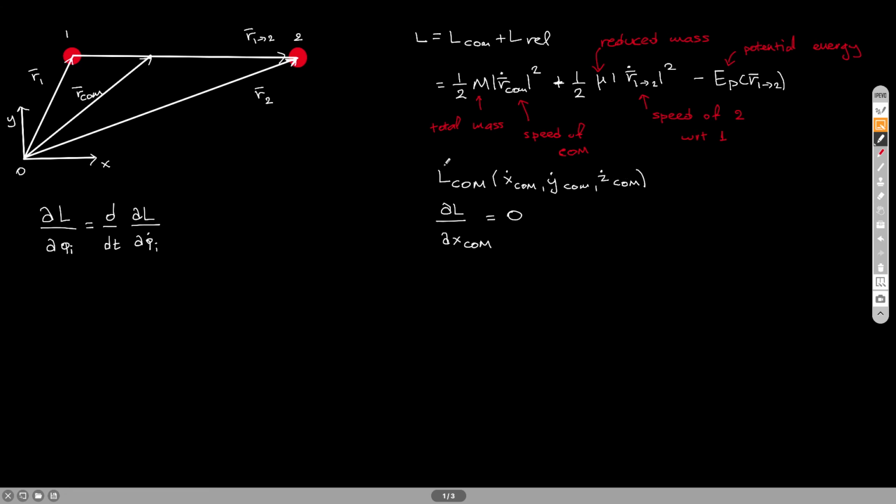There is no dependency of L of the center of mass on x, y, z of the center of mass. L is independent of that.